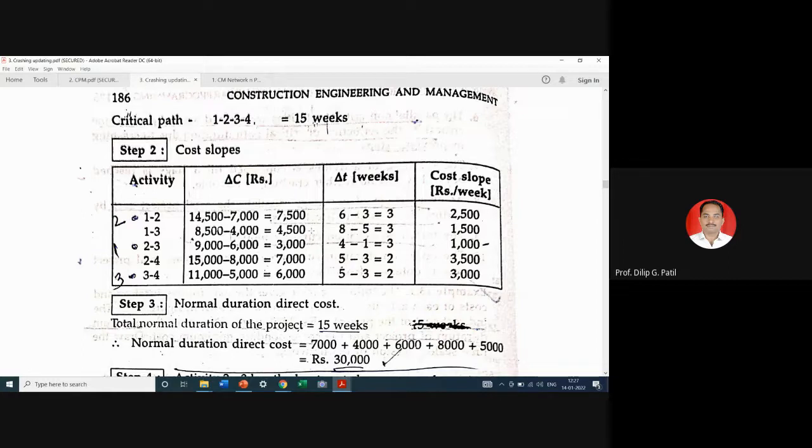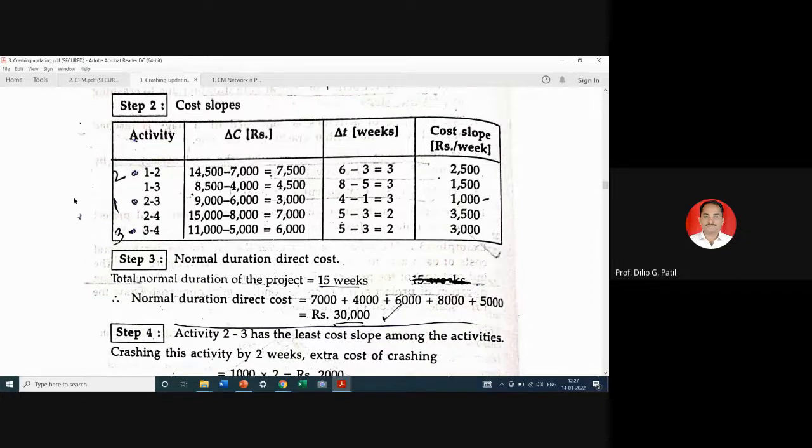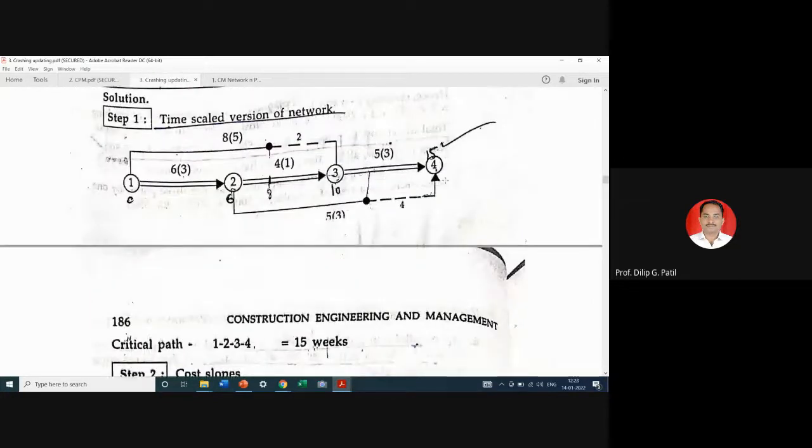So now we have to start crashing of the project network. So now we are considering this network and these critical activities.